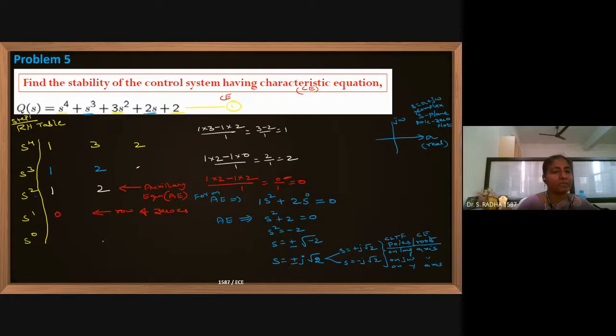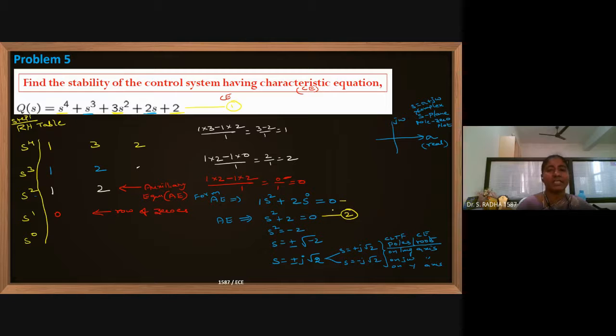Now we have calculated the pole locations, but we still have to complete the RH table. That is yet pending. For that I will take the auxiliary equation as number 2.